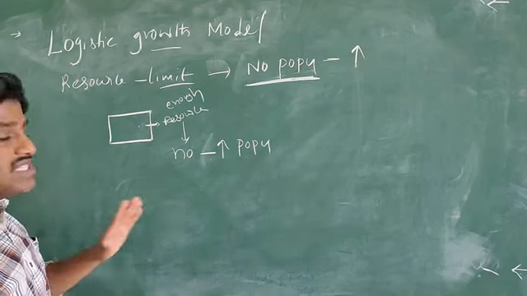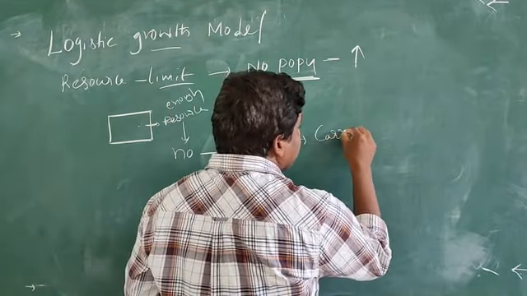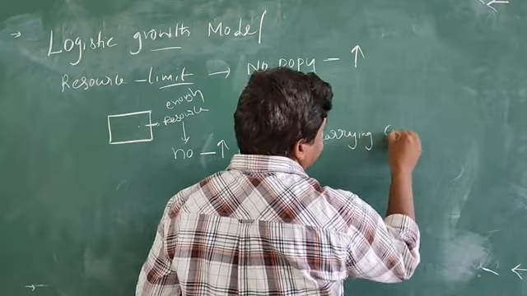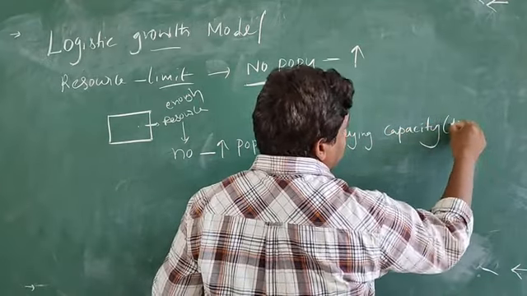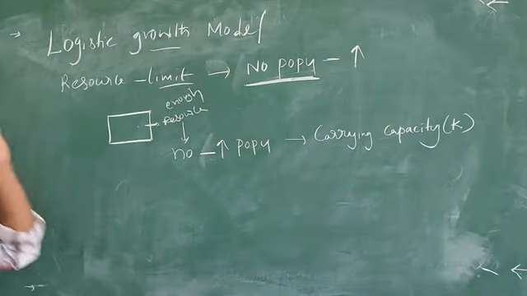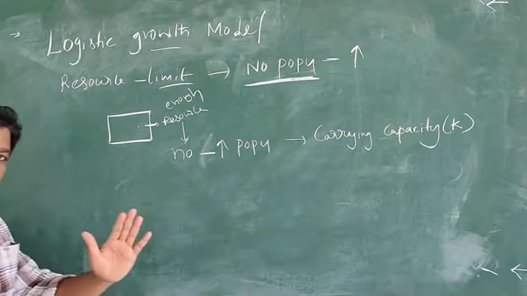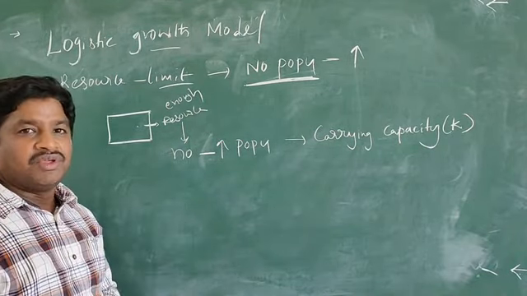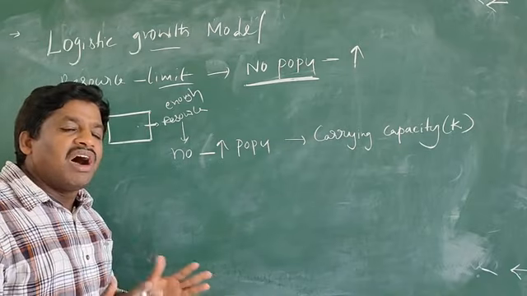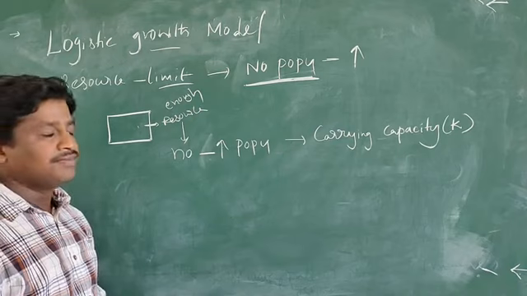Such a limit we call the carrying capacity. This is denoted by capital K. So this is the logistic growth model. In the previously discussed exponential growth model, resources are unlimited, so the organisms breed and the population increases.